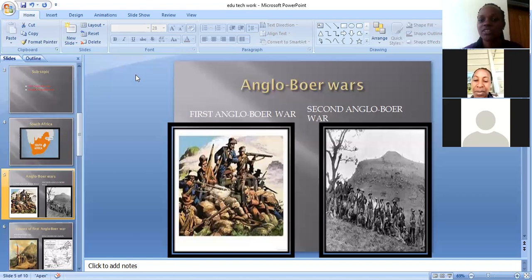Any other student, tell me what you are seeing in the second diagram with the words second Anglo-Boer War. Yeah, I can see soldiers are prepared to go in for a fight. Okay, thank you, Angela.